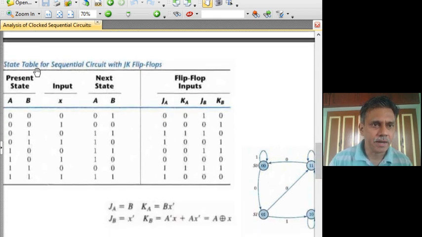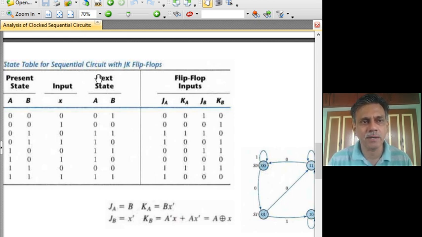So here we have the state table for the sequential circuit with JK flip-flops. Here the style in which we have tabulated the state table is different from the previous example we saw for the D flip-flops. Here all the input conditions are being given together.